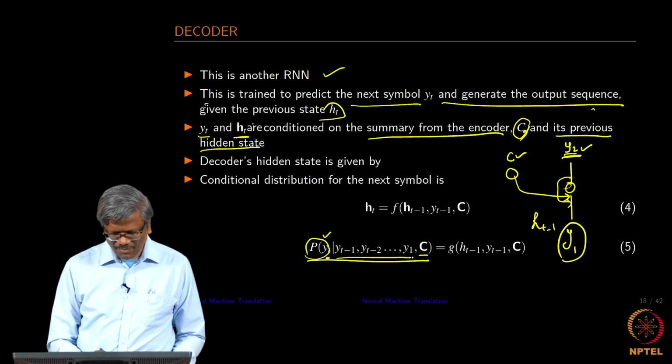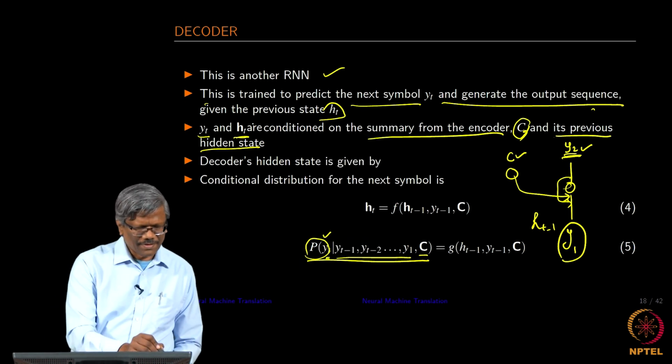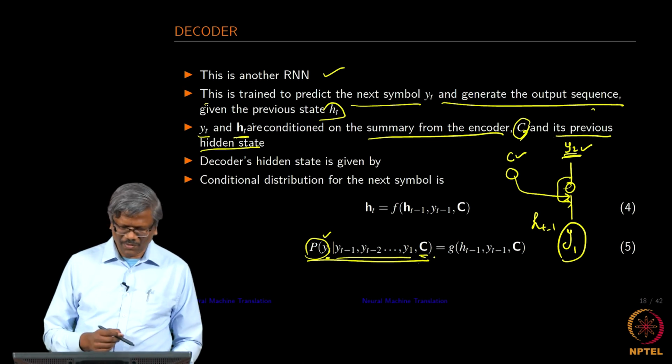So, this value is conditioned on the previous inputs as well as the context that we have gotten from the encoder statement.